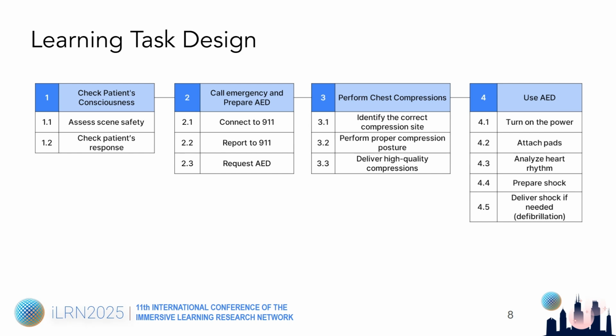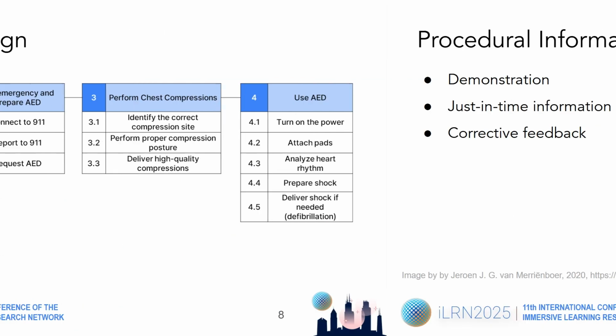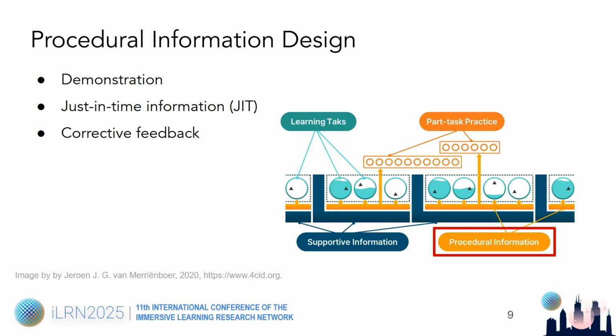Each task was deconstructed into detailed learner actions aligned with national BLS guidelines. In this simulation, procedural information was structured into three forms: demonstration, just-in-time information, and corrective feedback. These elements were designed to support learners during task execution in real time, aligned with the principles of the 4C/ID model.